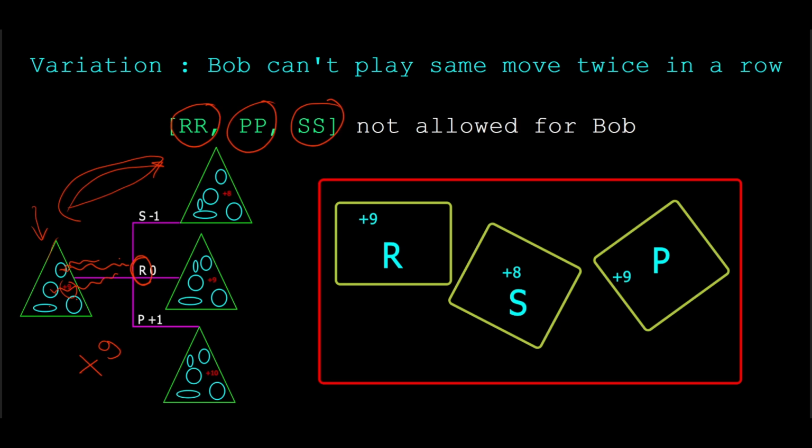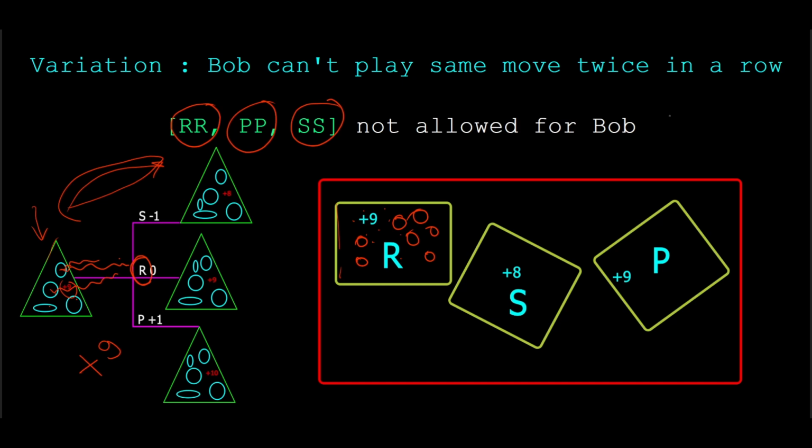All the ellipses that have identical score as well as identical last move, so this thing might contain multiple ellipses where the score is 9 and the last move is also R, then for these ellipses we don't really need to track them anymore. We can just club them together and store it in a rectangle instead of a triangle. So in this rectangle we just need to remember how many ellipses are inside of it.